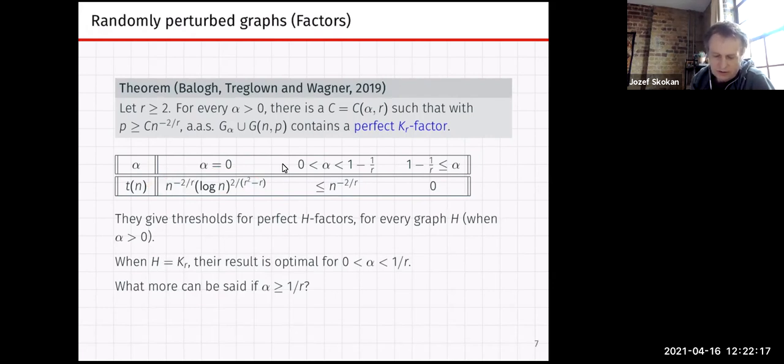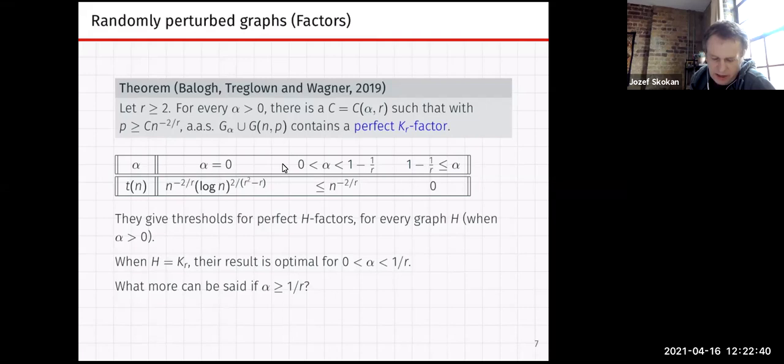So now the question is whether, if I move away from 0, I can at least gain some log factors compared to the starting point. And it turns out that yes, we can. Balogh, Treglown, and Wagner proved that you can drop these log factors when your alpha is between 0 and 1 minus 1 over r.